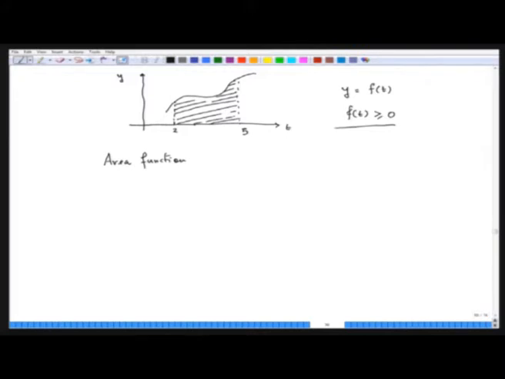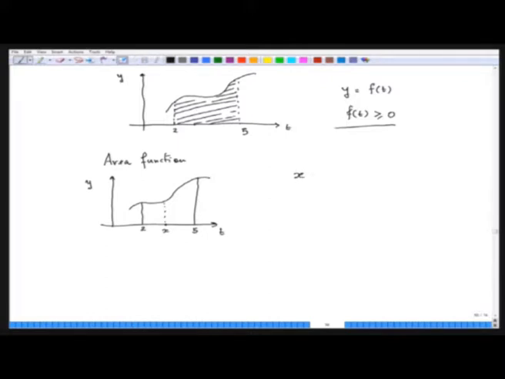So, let us again look into this function f, which I have drawn, t and f of t, t and y. This is 5. What I do, I will take some point x lying between 2 and 5. Let me just consider a point x which is lying between 2 and 5.